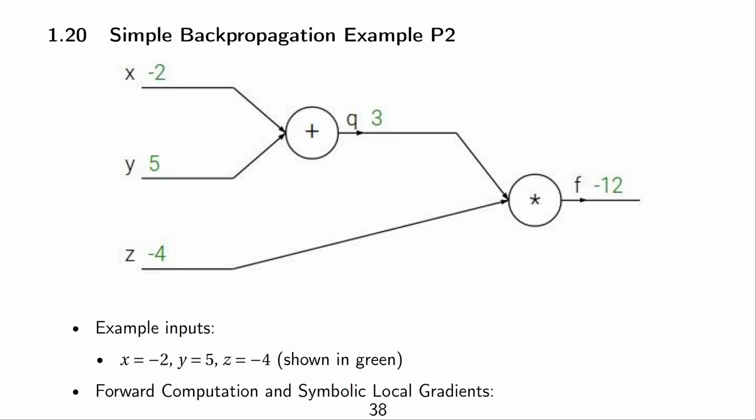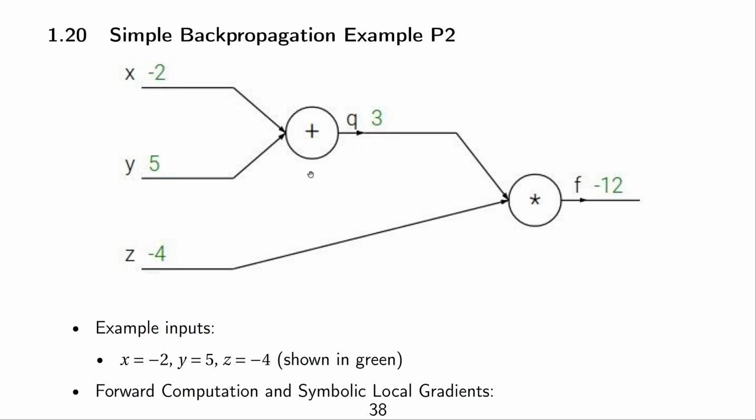Here we are making up some arbitrary input and sending it through the graph in a forward pass. We'll say x is -2, y is 5, therefore q, which is plus, is 3, and z we say is -4. So in the end we obtain f is -12, 3 times -4.